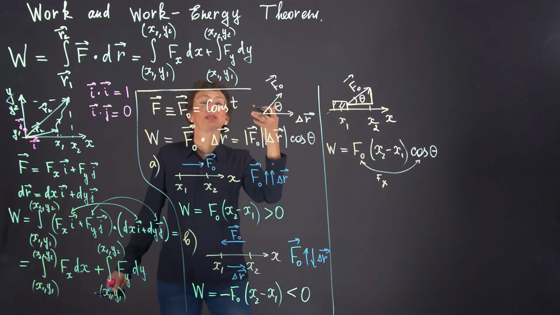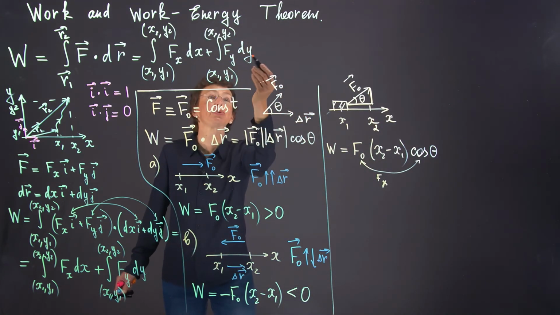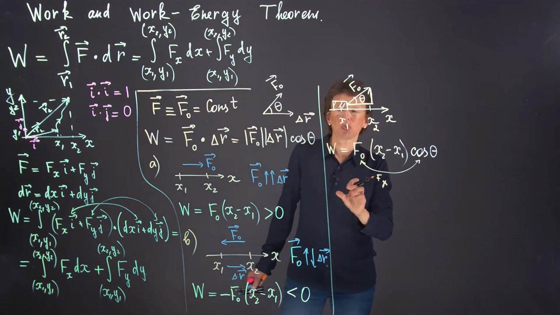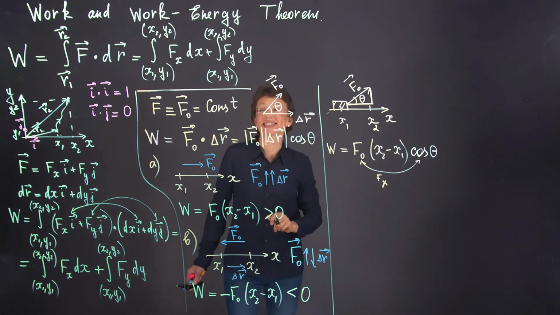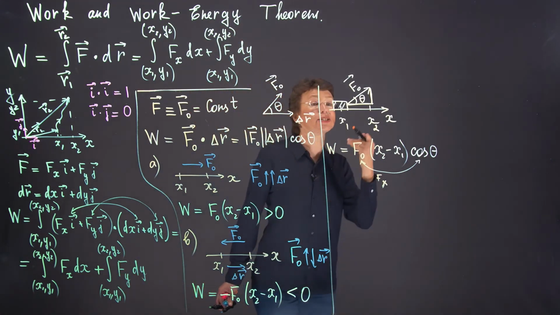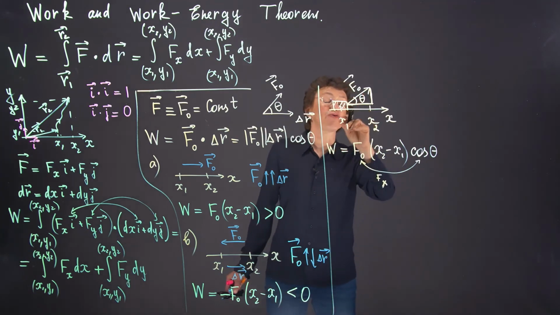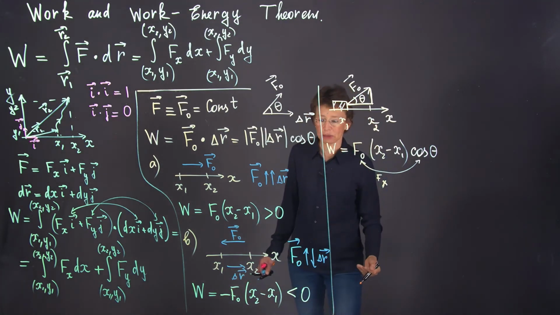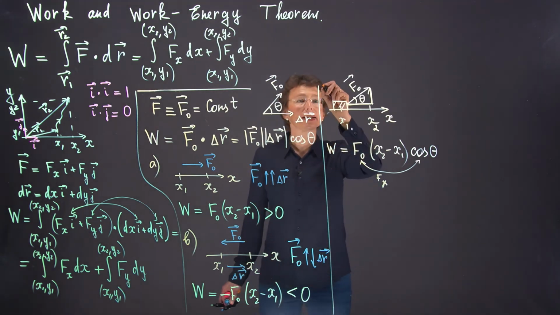So the limits will be from 0 to 0 in y. The displacement is 0. That's why the second part of this formula, the second integral, will be 0. As always, we are looking for parallel components of force and displacement. That was our part C.